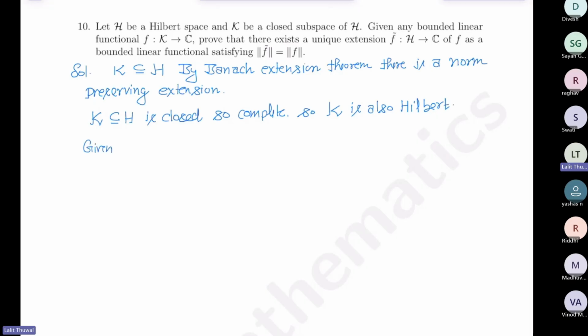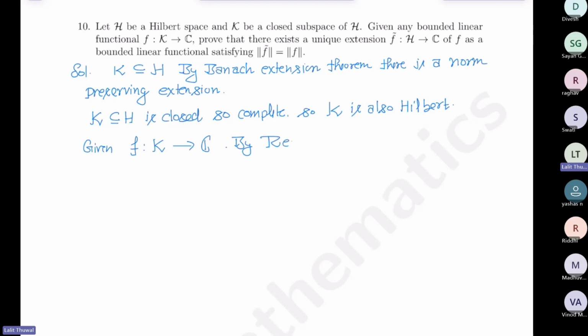Given a bounded linear functional, by Riesz representation theorem, the bounded linear functional on a Hilbert space has a specific form, right?